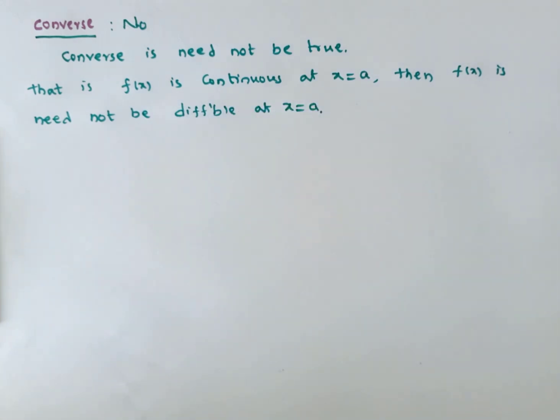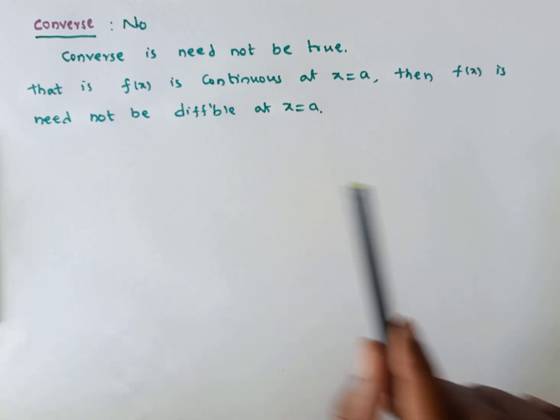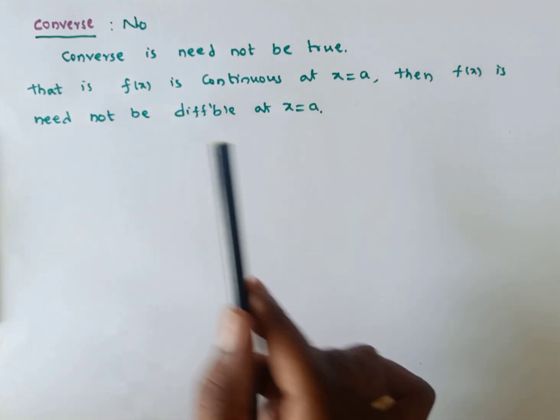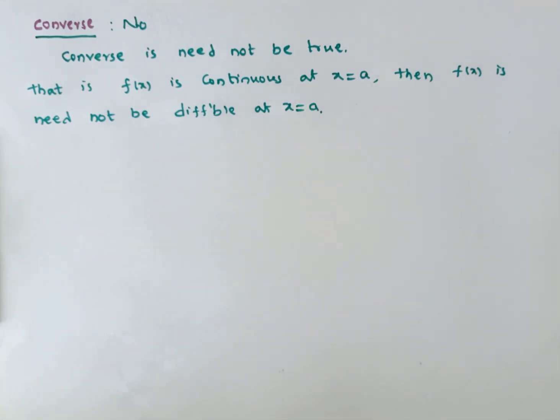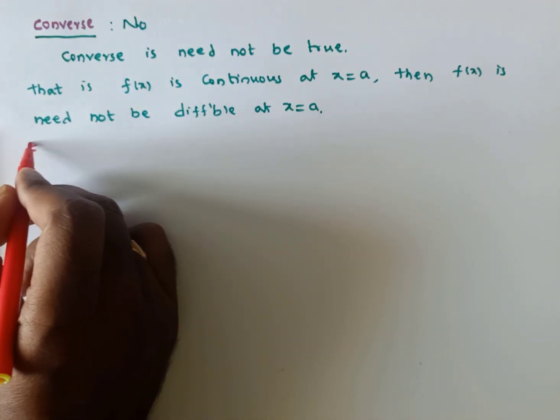Converse need not be true means that just because f of x is continuous, it may or may not be differentiable at that point. So for that we say counter example.